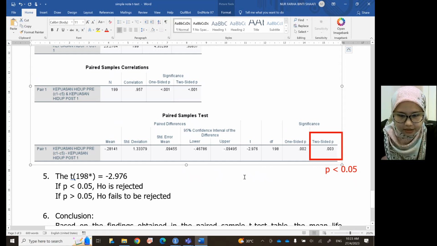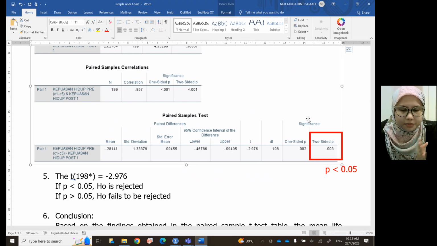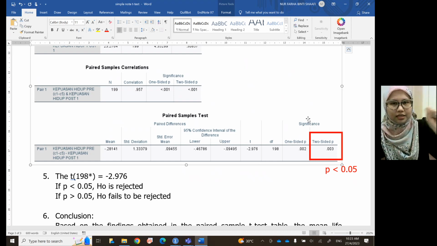Here you have your significance. You can read it straight. The layout for the paired sample t-test is quite similar to the one-sample test, in which you can read the significance value straight, not the same as the independent test just now.